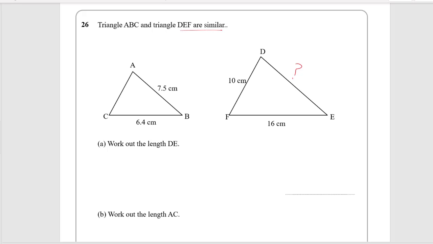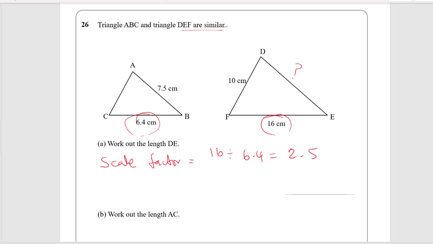So we need to find a side of both triangles that are given so that we can work out the scale factor. The scale factor is going to be the bigger triangle side divided by the smaller triangle side. So always bigger shape divided by smaller shape. That will give you the scale factor. So 16 divided by 6.4, and that gives us an answer of 2.5. That's the scale factor.